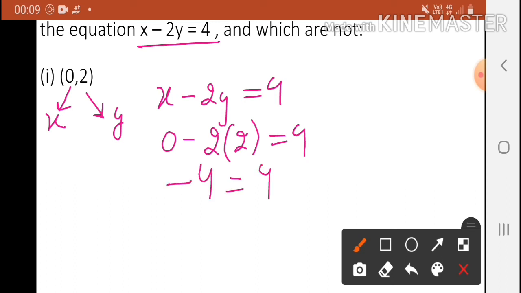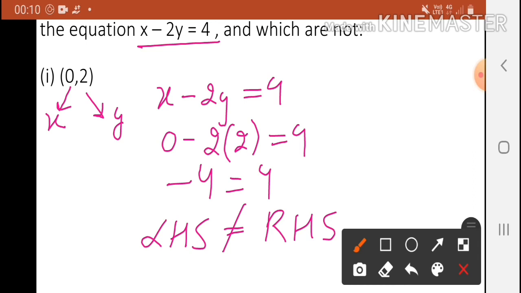So this is LHS, left hand side, and this is RHS, right hand side, and these are unequal. If these are unequal, then this is not a solution of this equation. If they are equal, then it is. Here it is not a solution, so you have to write this statement in your exams.